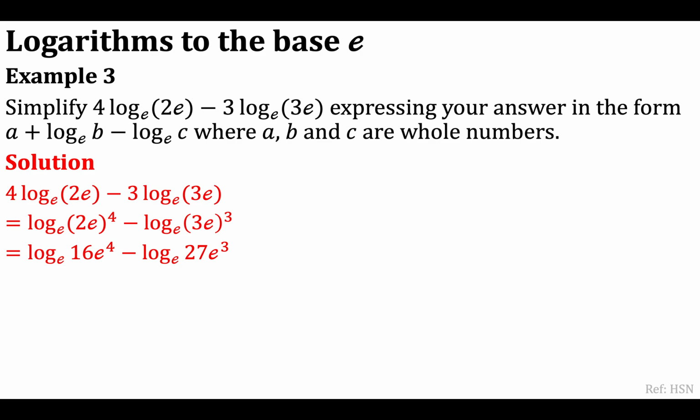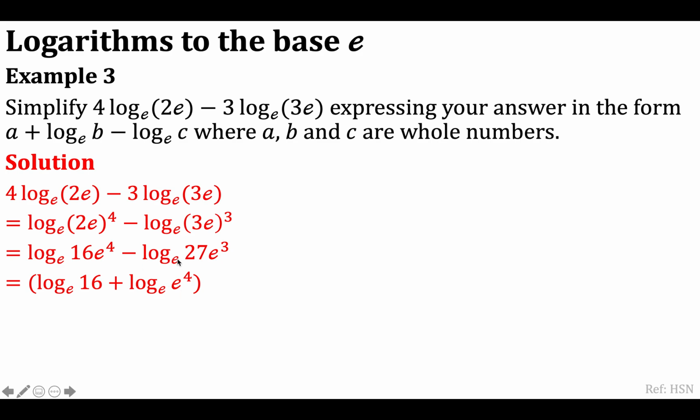Now, our rules that we've previously learned, so the properties of logarithms, remember if we've got a product within our argument, those can be the sum of 2 separate logarithm terms. So that would be log to the base e of 16 plus log to the base e of e to the power 4. We're then subtracting.